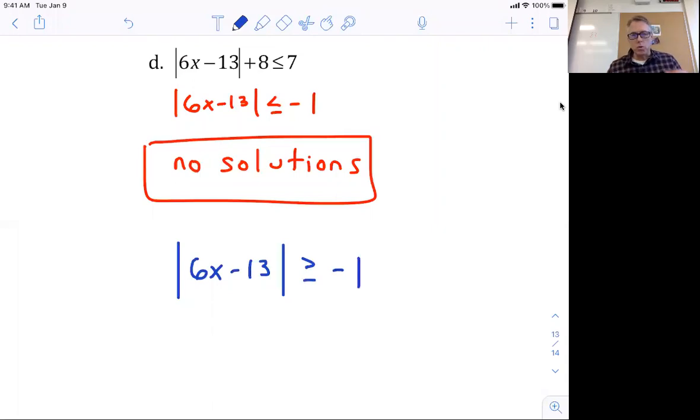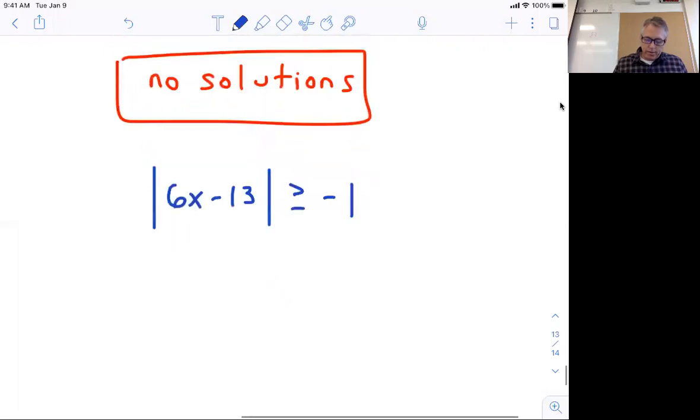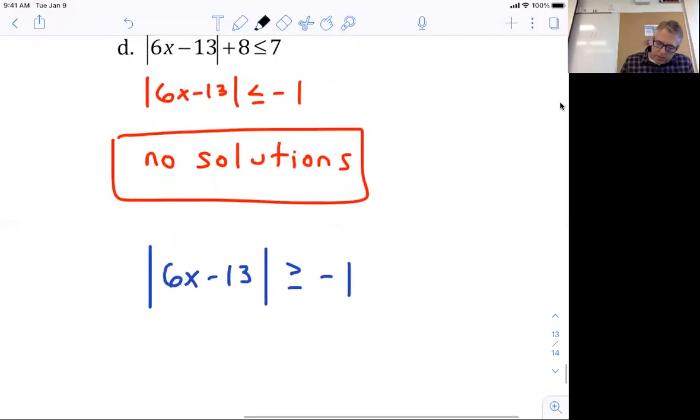Let's think this through. Let's think about what that statement is asking. That's saying, give me distances that are greater than -1. Well, we just said distances are always positive, right? And since distances are always positive, they're always greater than -1.